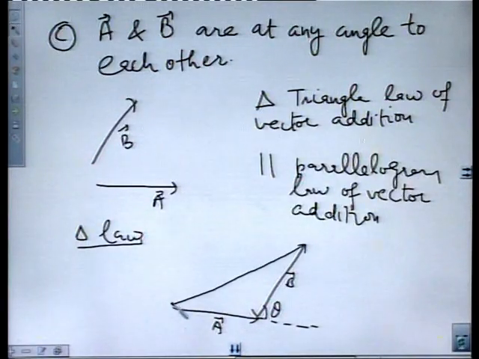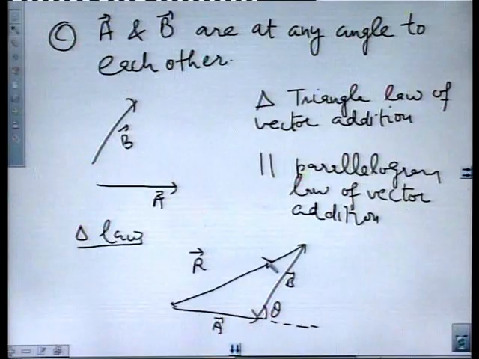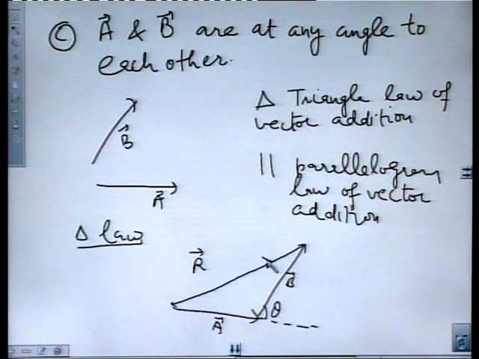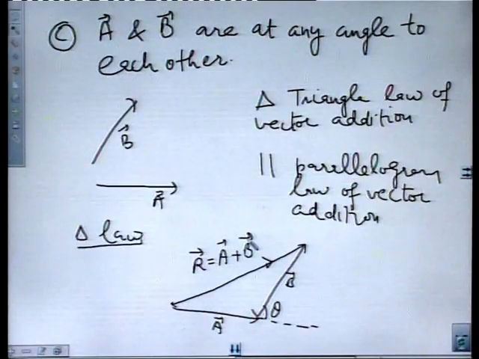Now the third side will give the value of the resultant R, in the opposite order. A and B are in one direction and R vector is in the opposite direction. So R vector is equal to A vector plus B vector. This is the triangle law.